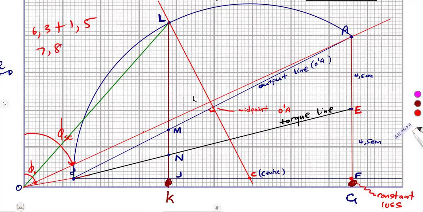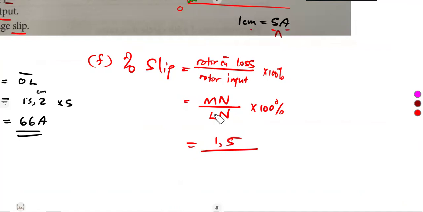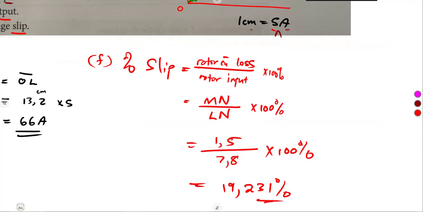The whole of LN is 7,8, times 100%. That gives us 19,231%. Or you can use the exact values for the power that you calculated. Still, you're going to get the same answers.